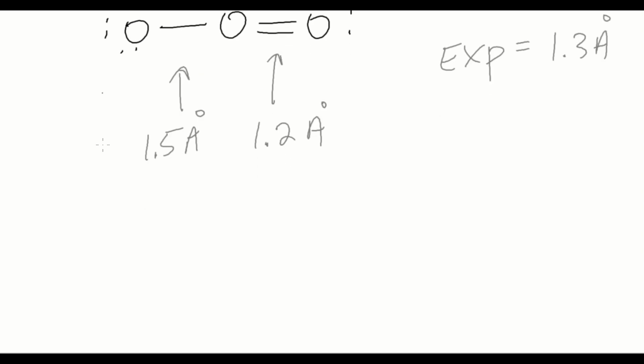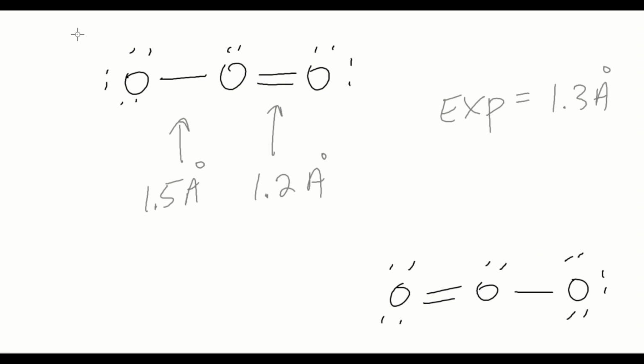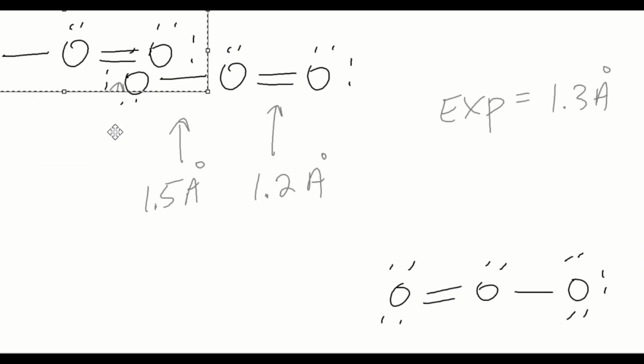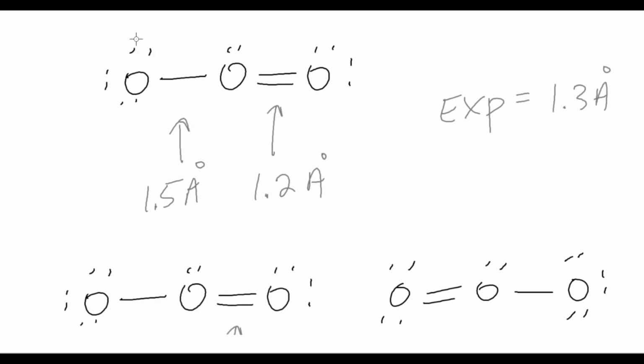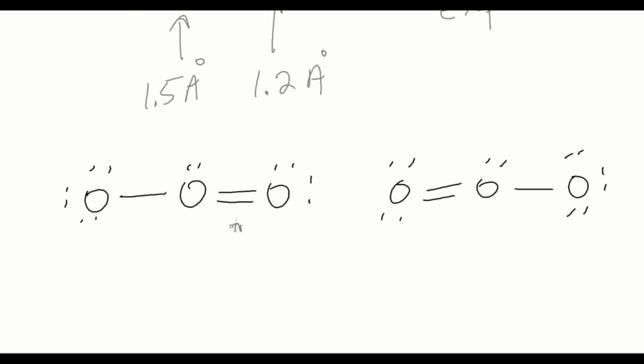In fact, I'll just draw the other one and copy this one over from previous. All right, so there you go. There are 2 valid Lewis structures, but neither of them are actually accurate.